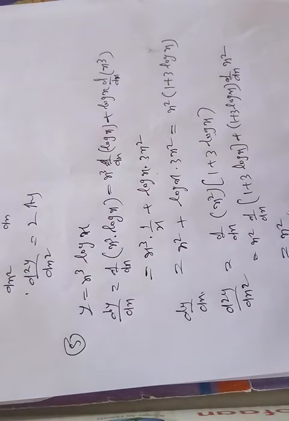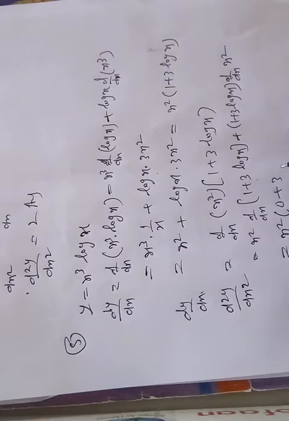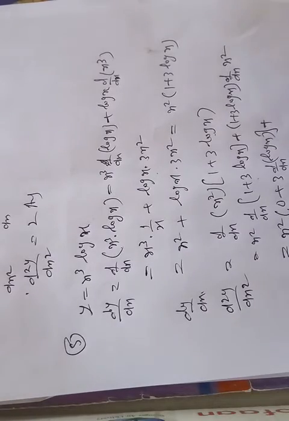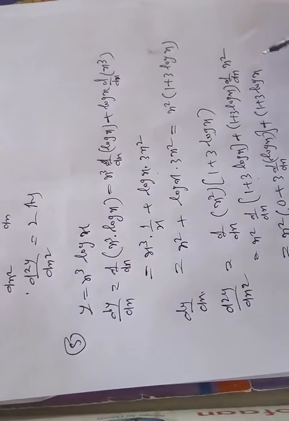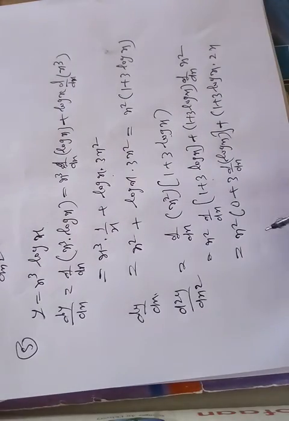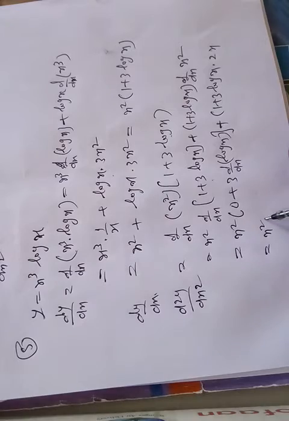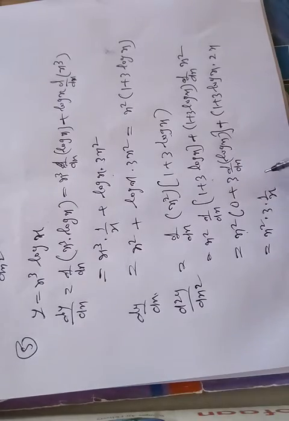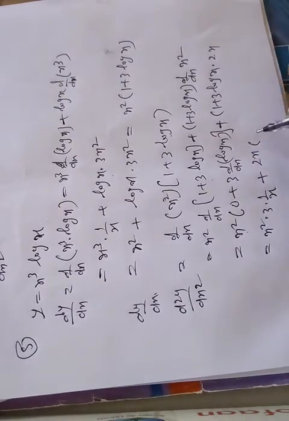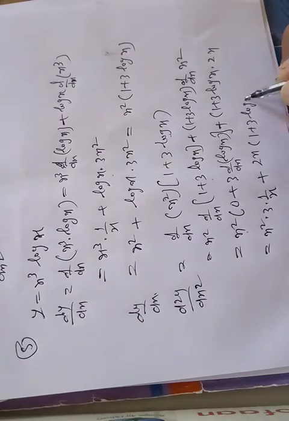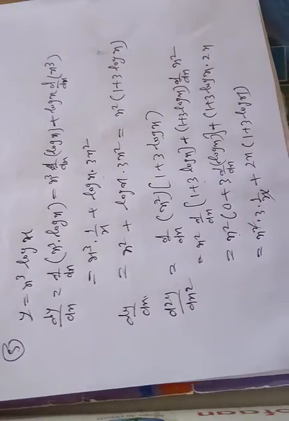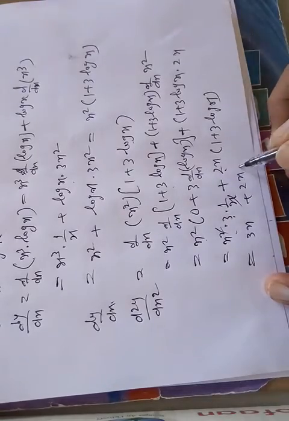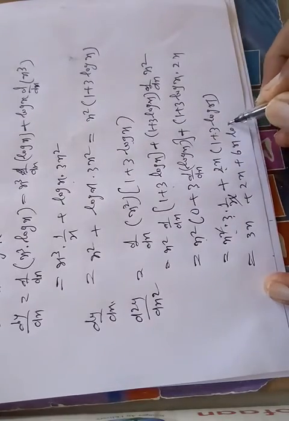That is x square times 3 times 1 upon x, plus (1 plus 3 log x) times 2x. The x powers cancel, giving 3x plus 2x plus 6x log x, which is 5x plus 6x log x.